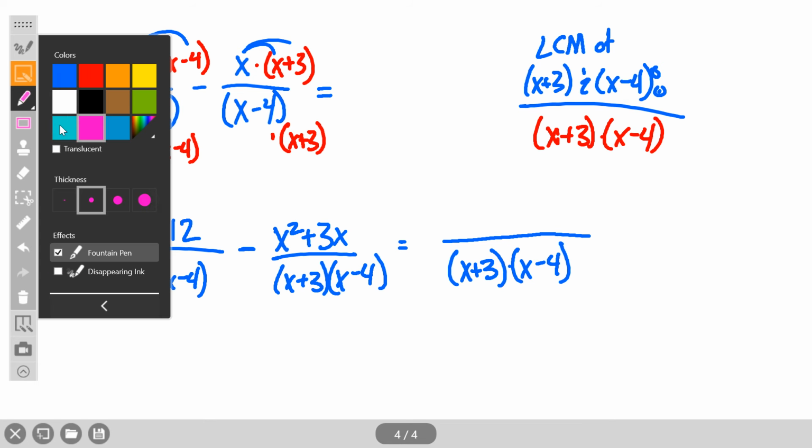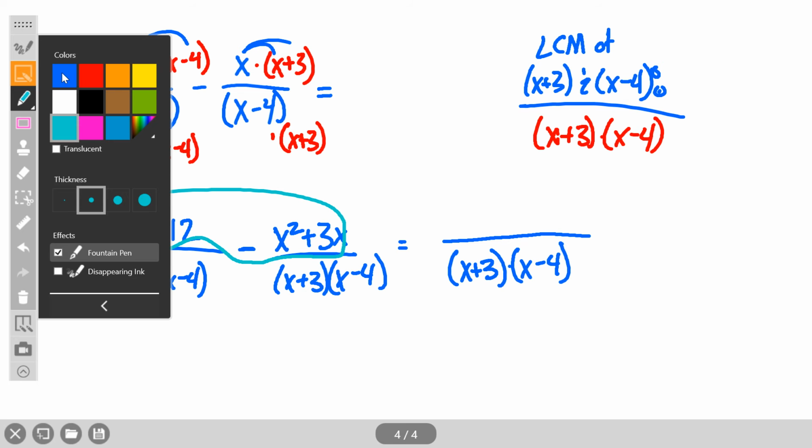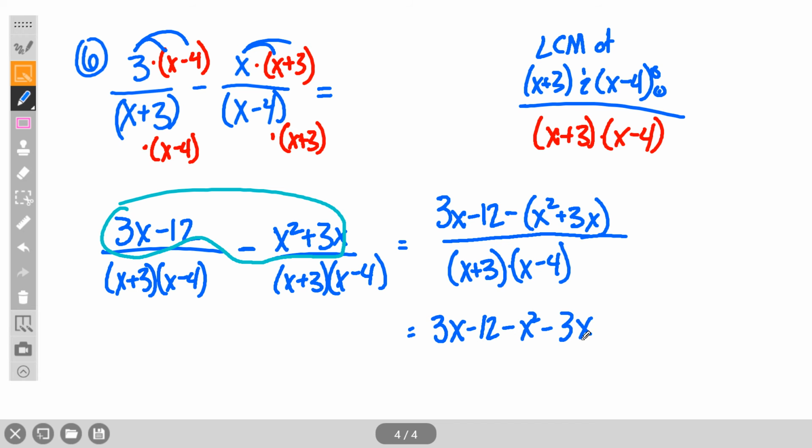All I have to do is the operation in the numerator. Keep in mind, this whole thing is being subtracted, so we need parentheses. So you get 3x minus 12 minus parentheses x squared plus 3x. Both of those are being subtracted. So what we're looking at here is 3x minus 12 minus x squared minus 3x.